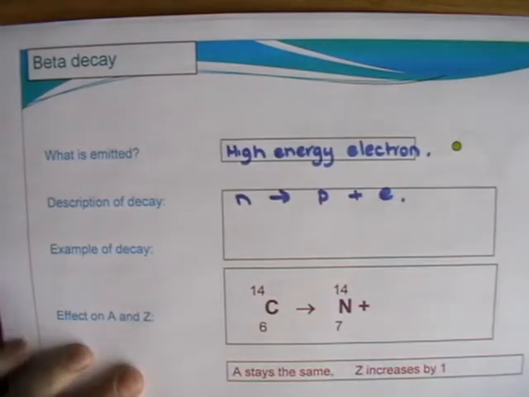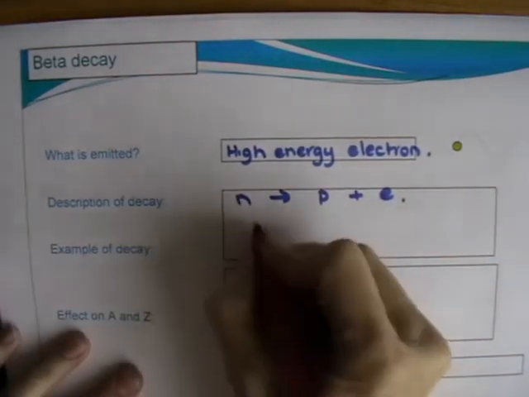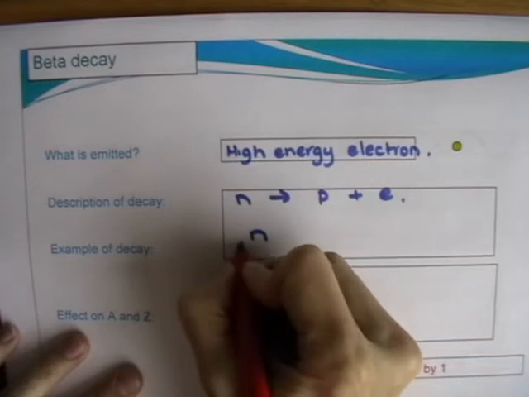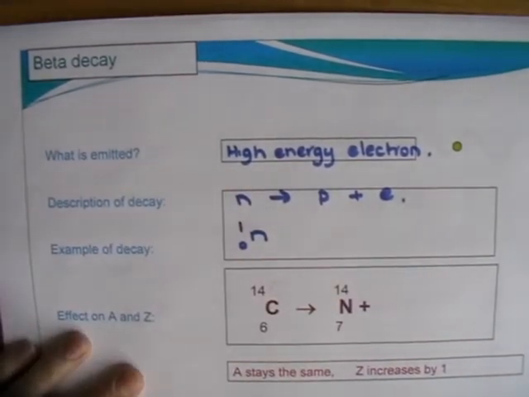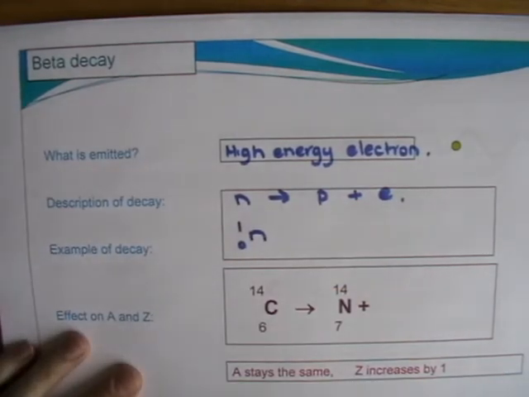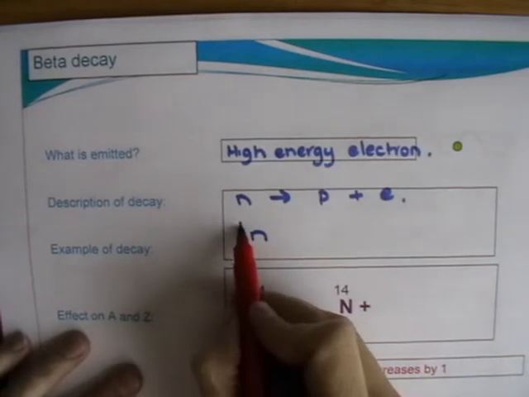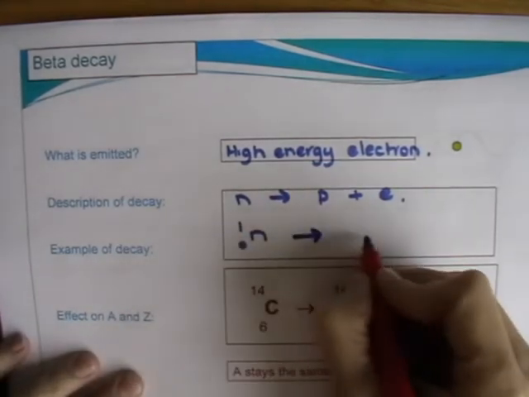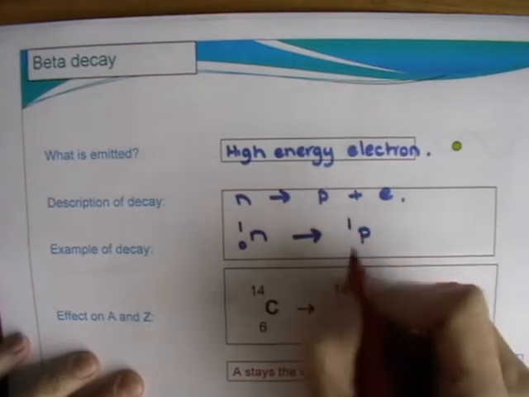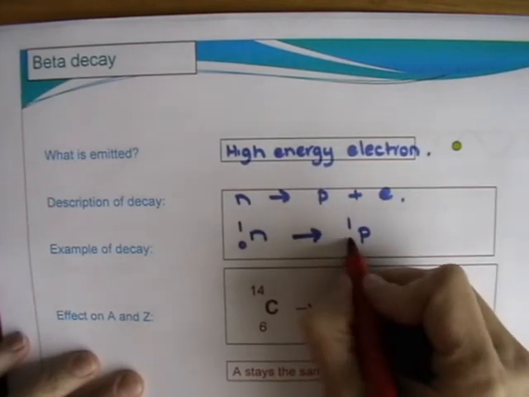So this is a neutron in the nucleus. Now, a neutron has no charge at the bottom and a mass of 1. So if we were to write a neutron the way we wrote our alpha, beta and gamma particles, it's got a mass of 1 and no charge. A proton has got a mass of 1 and it has a charge of plus 1.